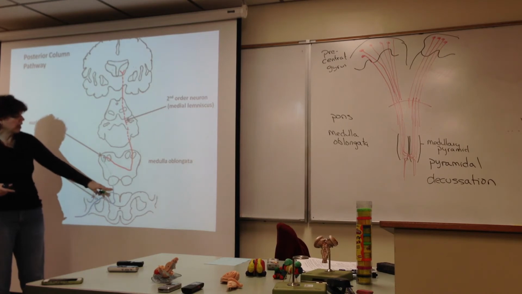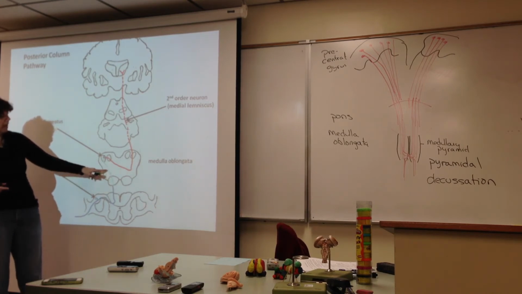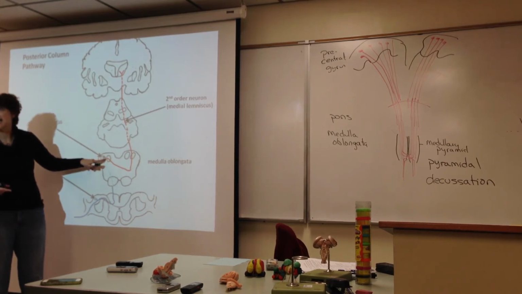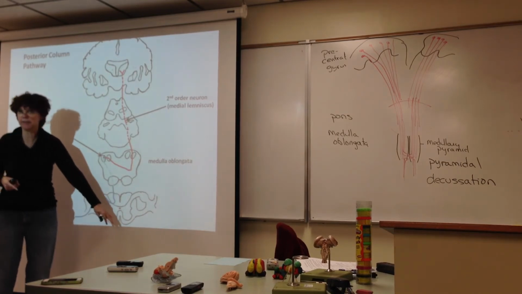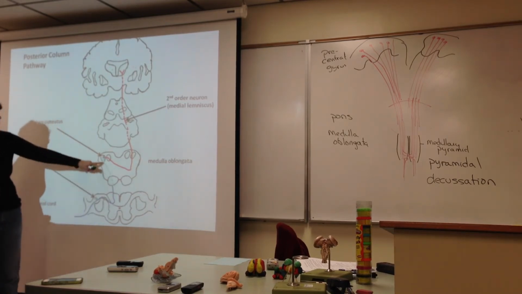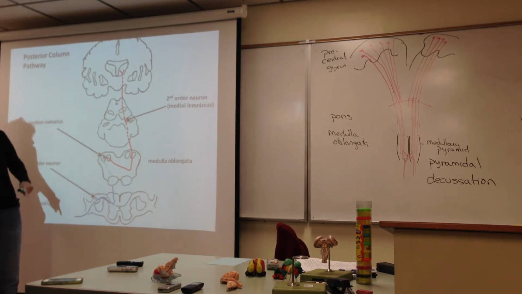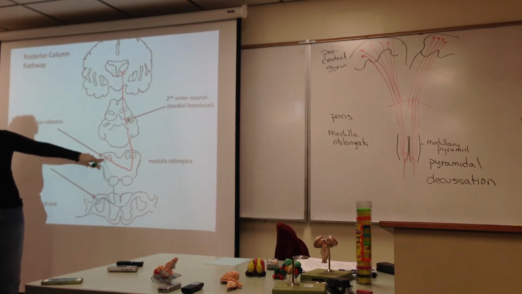So that posterior white column goes all the way up through the back of the spinal cord and to one of these 2 nuclei in the medulla. And all second neurons cross. So usually they cross in the spinal cord, but in this case our first neuron went all the way up to the medulla, and that's where it stops.